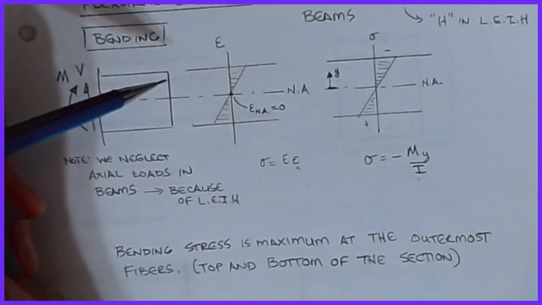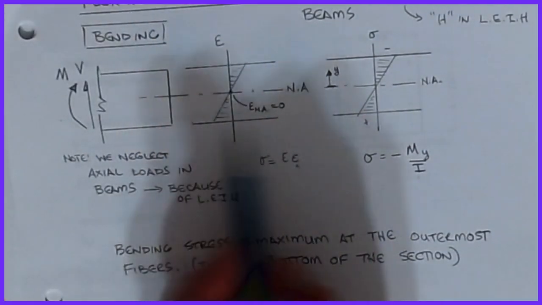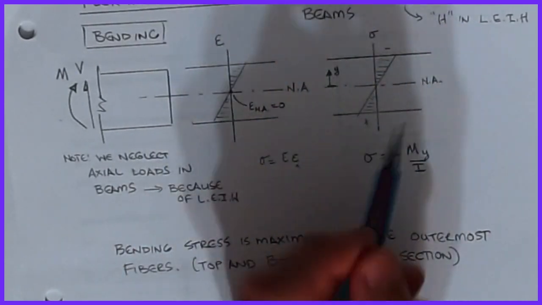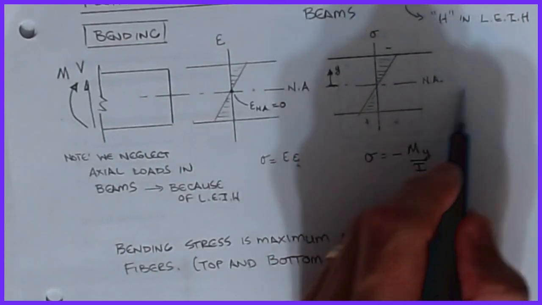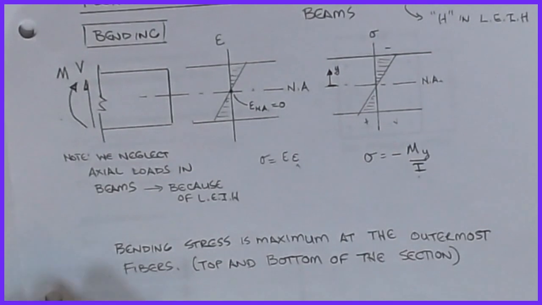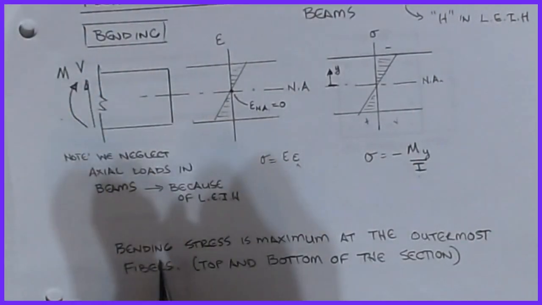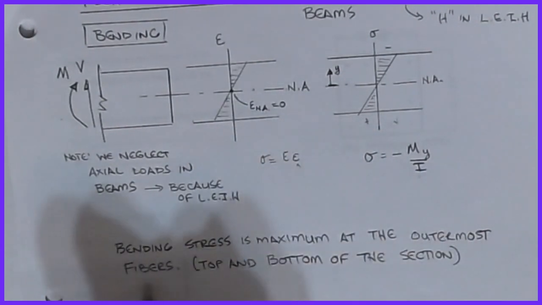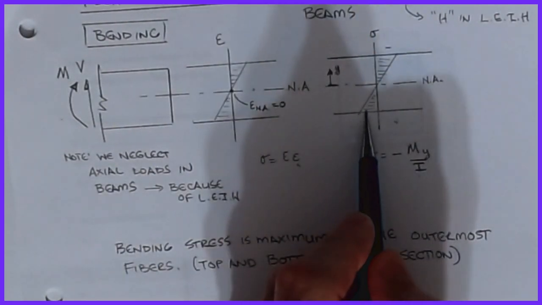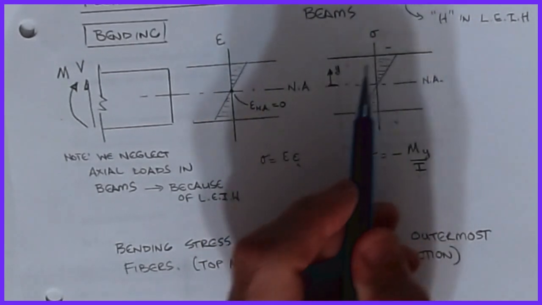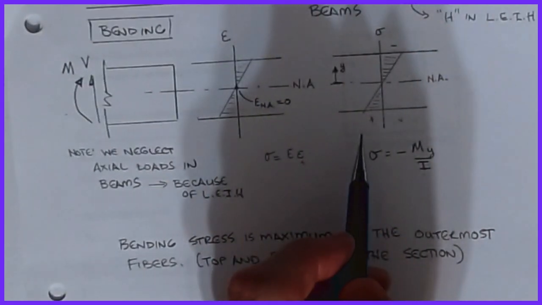Okay. Now, what you notice in these stress diagrams, and we need to get in the habit of drawing these every single time, especially this one, because this is going to lead us to our Whitney block when we get there, is that the bending stress is maximum at the outermost fibers of the cross section. So you can see that it was highest at the bottom and highest at the top. For a rectangular section, their magnitudes are the same.